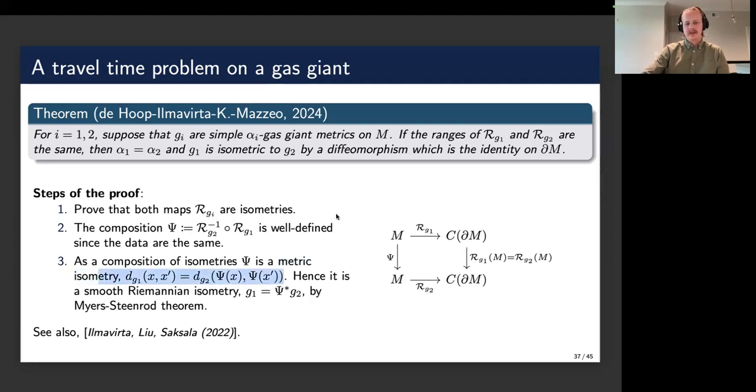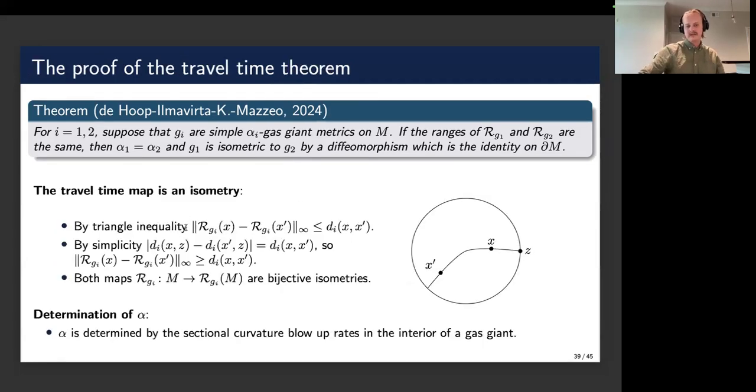So it's a metric isometry, essentially, and then you can promote it to a smooth Riemannian isometry just by using the Myers-Steenrod theorem. That tells you straight away that all isometries of this type have to be smooth, and they're Riemannian isometries. So those are the steps that you want to establish. So crucially, that these R_{g_i} mappings are isometric.